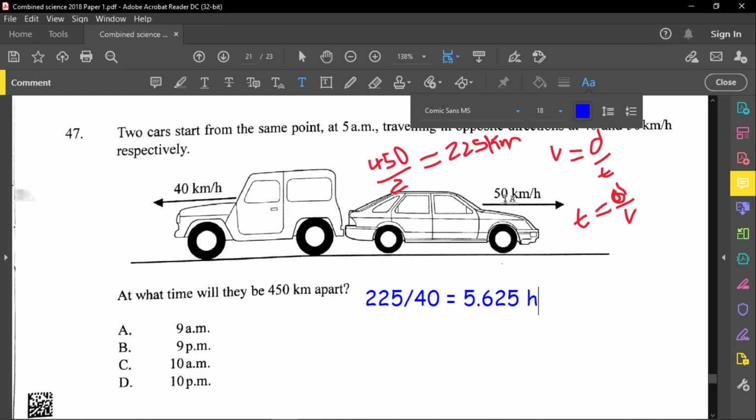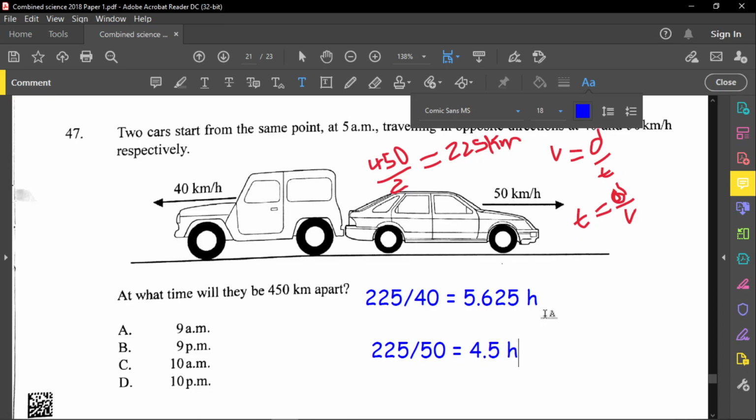For the other car, it will be 225 divided by 50, which gives us 4.5 hours.